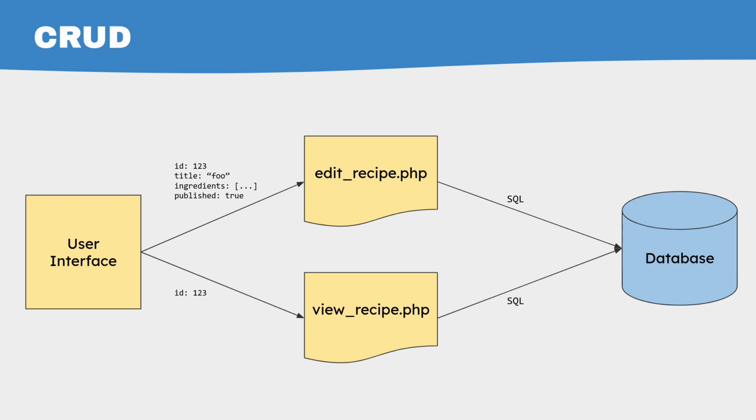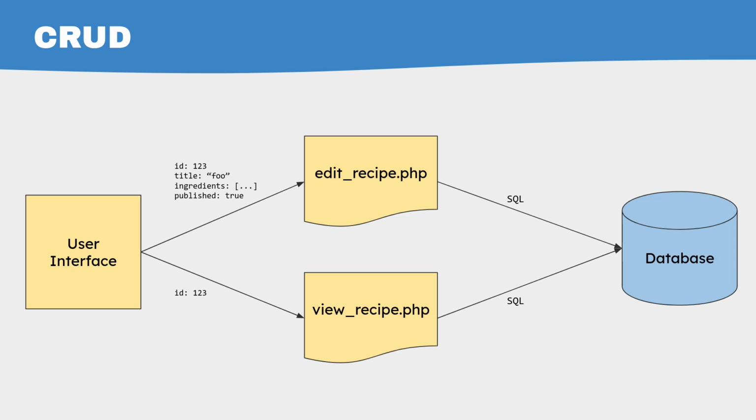What would a CRUD application back in the old days look like? Well, you have this database, and you have two PHP scripts. This is really in the very old days, 20 years ago, I think. Suppose we're creating a website for recipes. You would have a script, view recipe, that would get a recipe from the database and then just show it in the user interface.